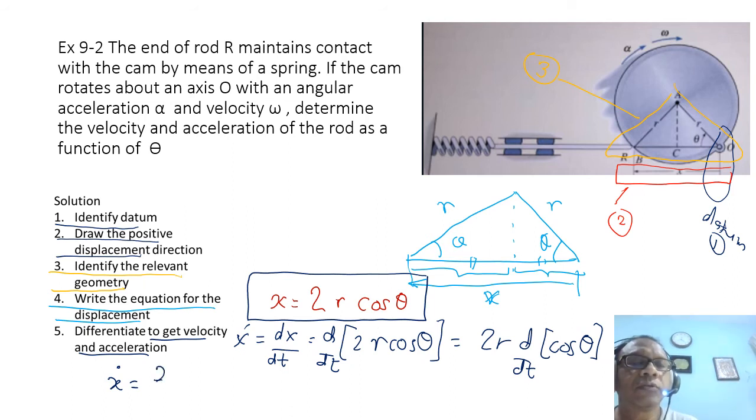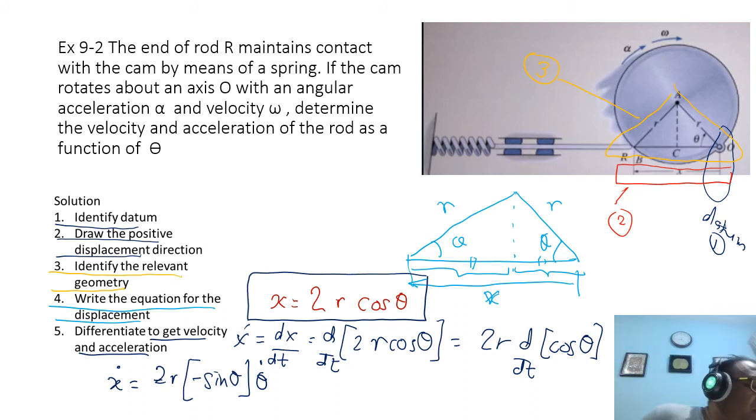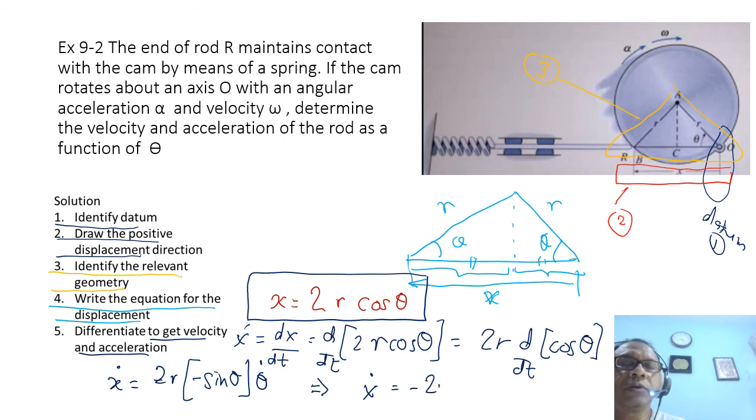So we can rewrite it more clearly here. x dot equals minus 2r sin theta times theta dot. Let's box this equation.